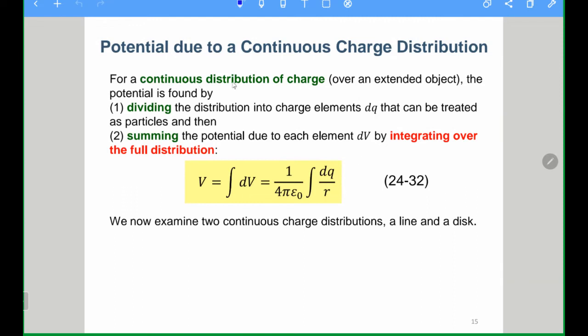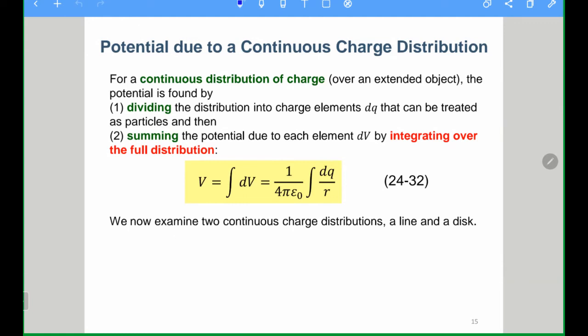For a continuous distribution of charge over an extended object, the potential is found by dividing the distribution into charge elements dq that can be treated as particles, and then summing the potential due to each element by integrating over the distribution. We just save the cancellation steps, because it is not a vector, so we don't need to decompose the vector into different components and then cancel some of them.